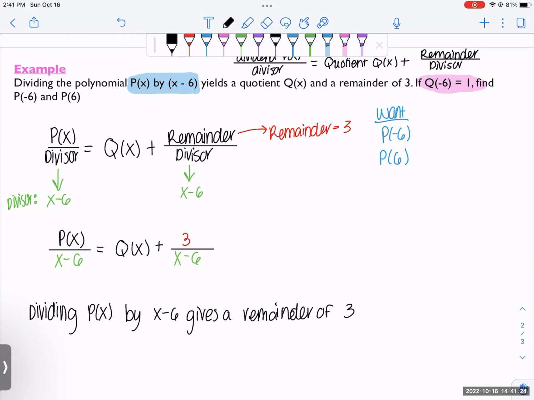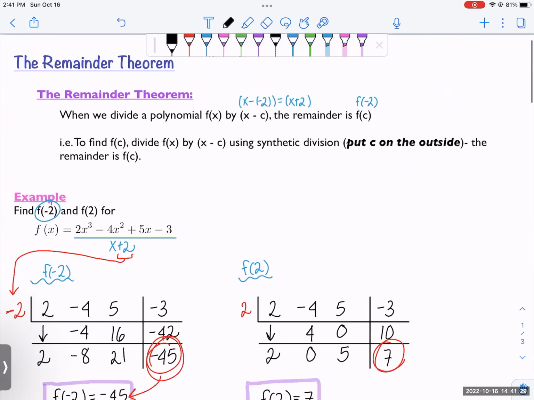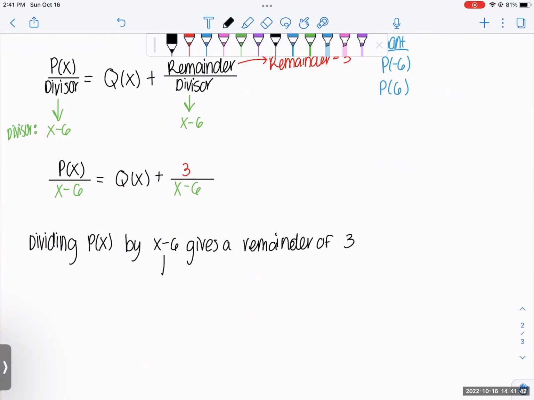Dividing p of x by x minus 6 gives a remainder of 3. If only we had some theorem to find f of c, divide f of x by x minus c. So would that then mean that by dividing by x minus 6, that's telling us that p of 6 is the remainder? P of 6 is 3. The remainder theorem gave us that.